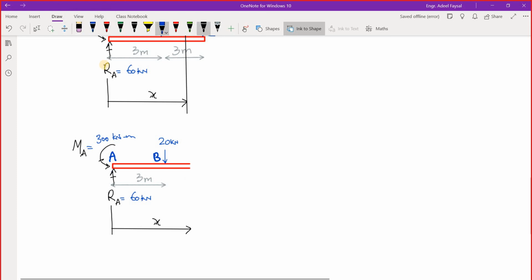Alright, so you can see, we need to show again our positive shear and positive bending moment. Again, this is a positive phase, so shear force will be directed upward for this case, positive shear.